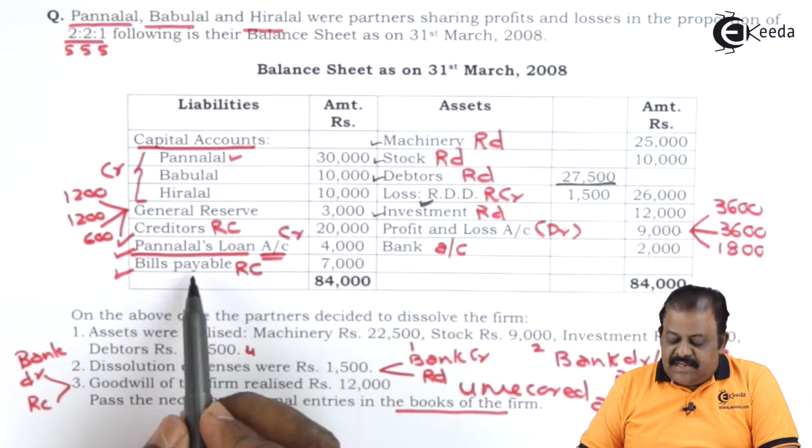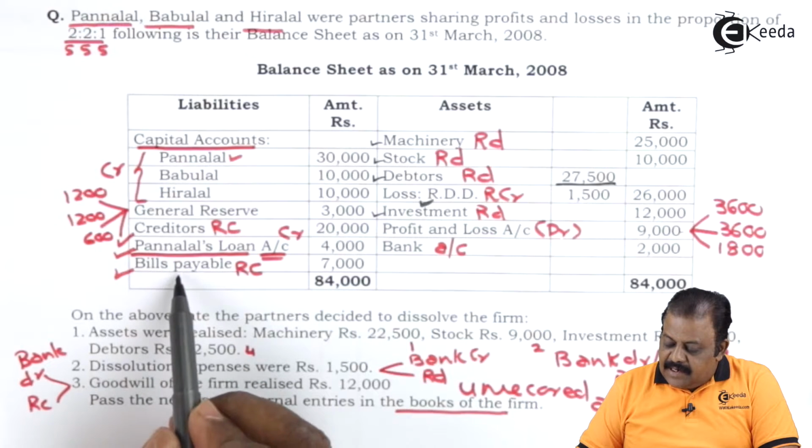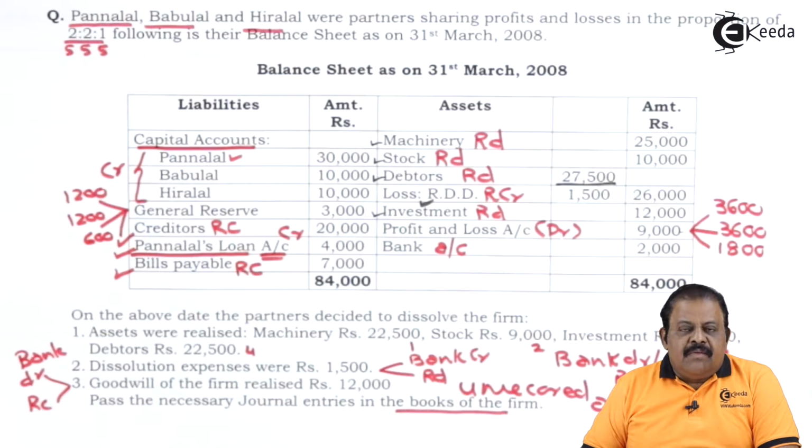Pannalal's loan and bills payable. These are the 3 liabilities, of which creditors and bills payable will be transferred to realization account credit side. Pannalal's loan account will be transferred to a separately opened account on credit side.